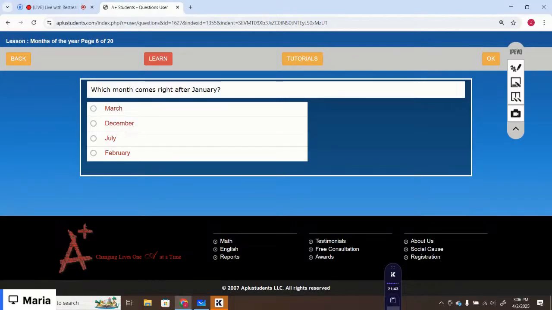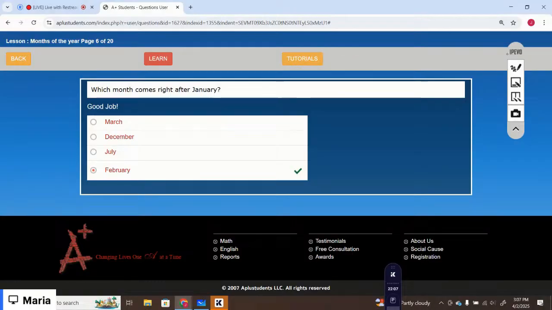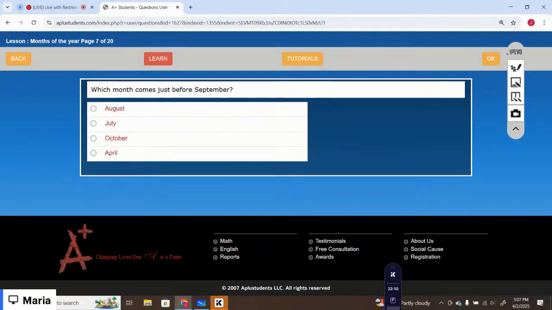Which month comes right after January? Right after January, it is February. The correct option is February. Which month comes just before September?